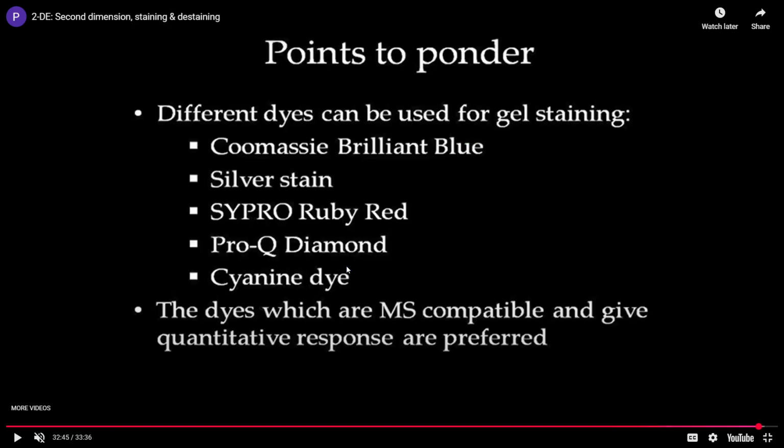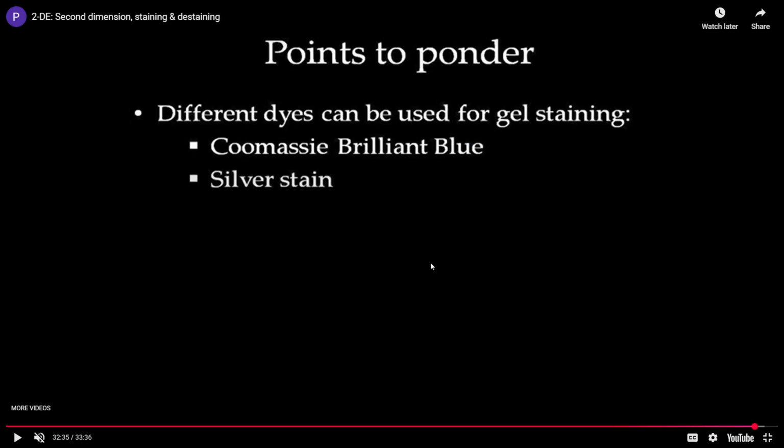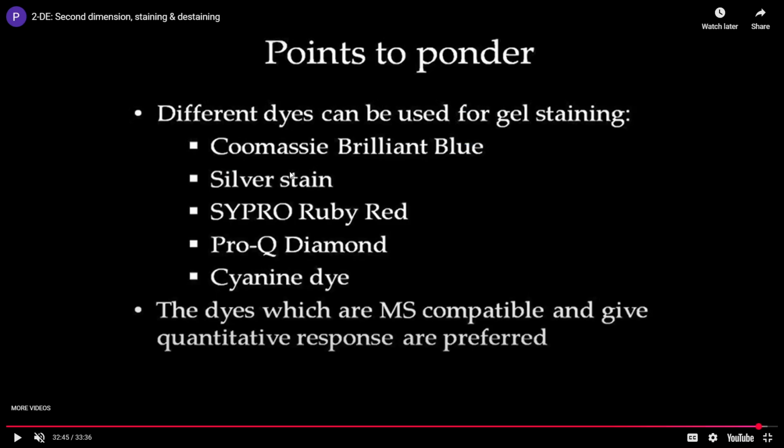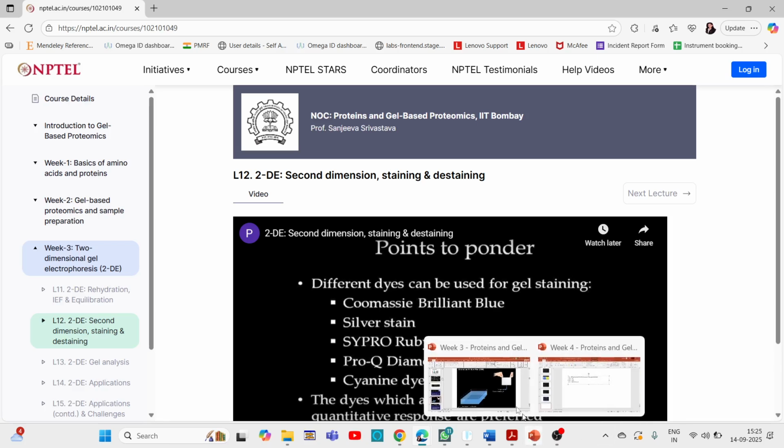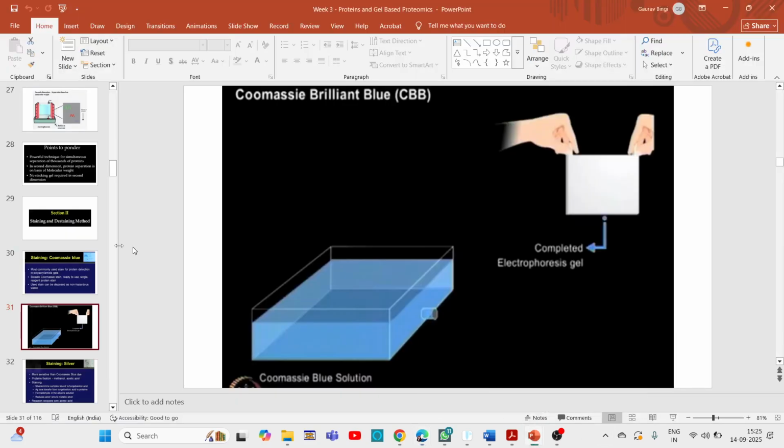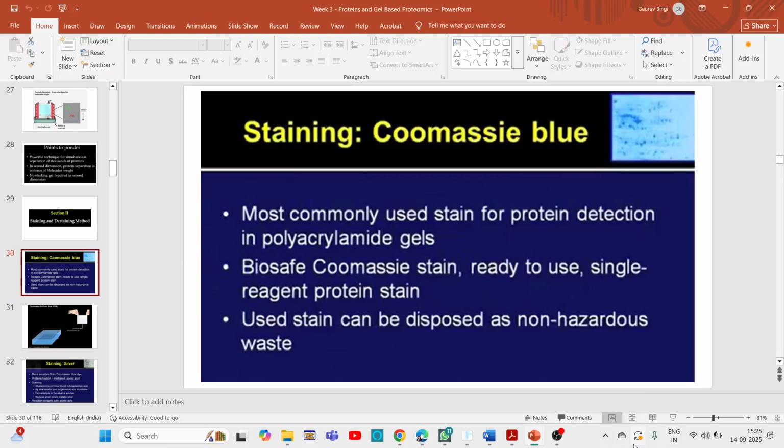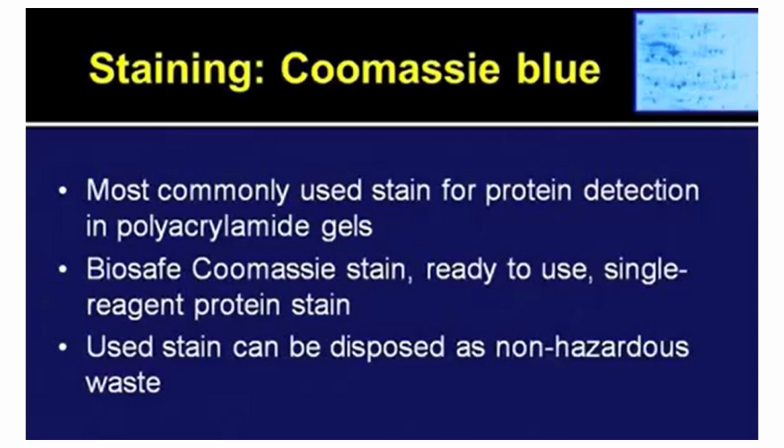This was just one example of how staining is done with Coomassie blue, but there are a number of other stains as well, and each has its own benefits of using a certain type of stain. The most commonly used stain is Coomassie stain itself, because it is non-hazardous.